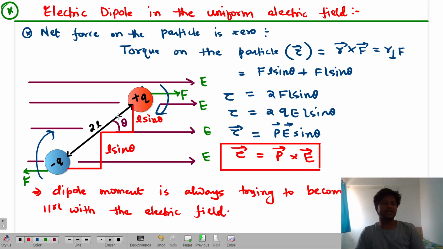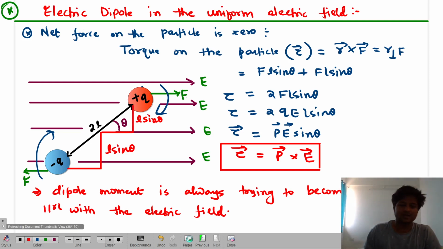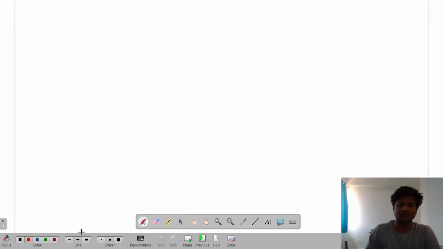So how come it is getting that rotational energy? It should come from somewhere, isn't it? So basically, since it is rotating, it is getting some kind of rotational kinetic energy that is only provided by the energy which is stored in that particular dipole system due to the electric field. And that energy we call the potential energy of the dipole.